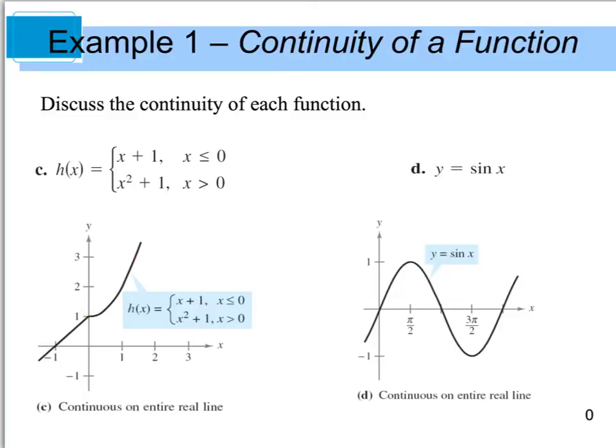But because this right here overlaps, and I can include the point 0, my function is actually continuous all the way through. So there is no discontinuity here. This is a completely continuous function. Likewise, when I look at my trig function, y equals sine x, I can sit here and trace this function all day long and never have to pick up my pencil. So this would be another example of a continuous function.